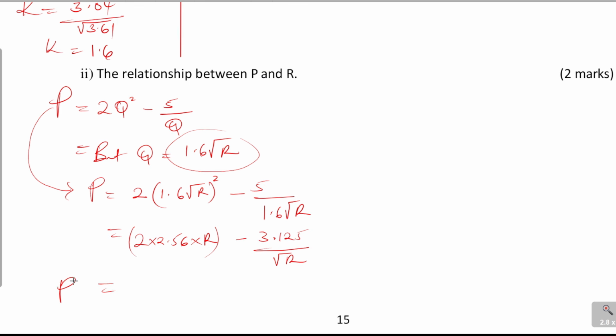So therefore P is equals to 2 multiplied by 2.56. That will give 5.12 R subtract 3.125 over the root of R. So now that is the relationship between P and R.